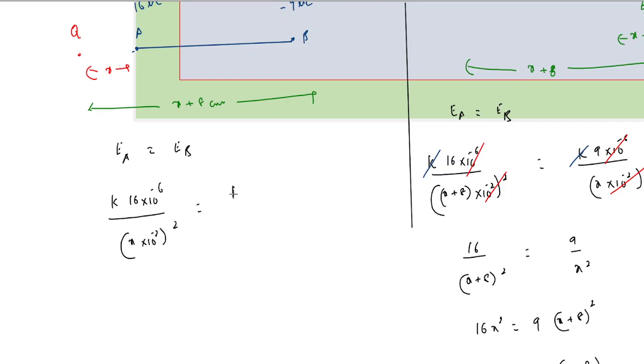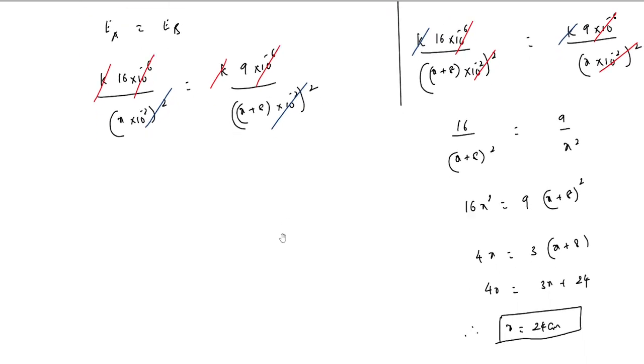That is equal to K times 9 into 10 power minus 6 by distance (x plus 8) into 10 power minus 2, the whole square. So from here K gets cancelled, 10 power minus 6 gets cancelled, and also 10 power minus 4 gets cancelled here.